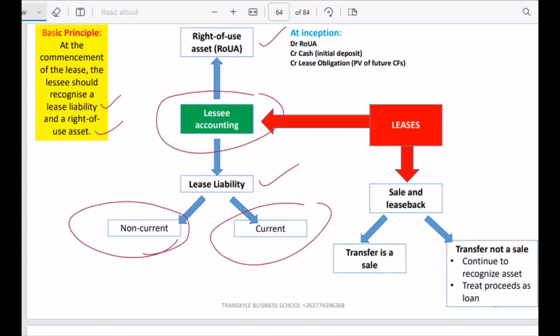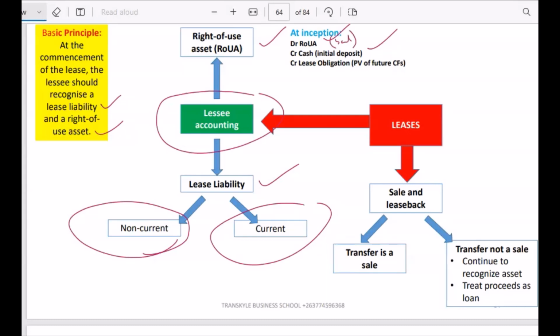Initially, when you recognize a lease, you should debit the right of use asset in the statement of financial position, and then credit the cash, any initial cash deposit that has been paid to the lessor, and then you need to credit the lease obligation, that is the present value of future cash flows. All right, so what does this all mean? It means that the right of use asset is actually the balancing figure.